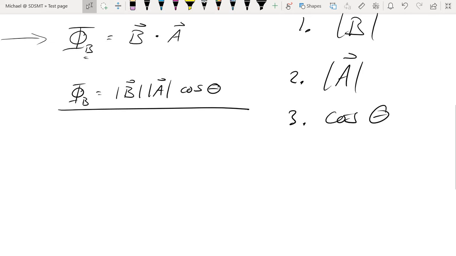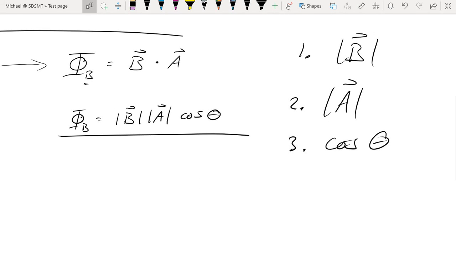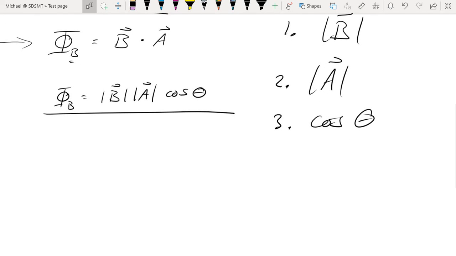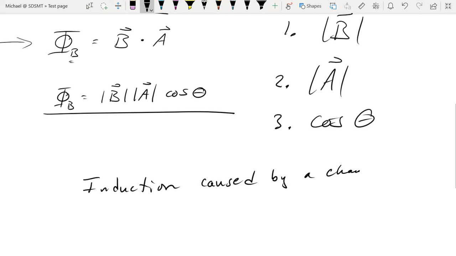Now that we have our definition for magnetic flux, and now that we know that changing any one of these three items can cause induction, induction is going to be caused by a change in the magnetic flux.